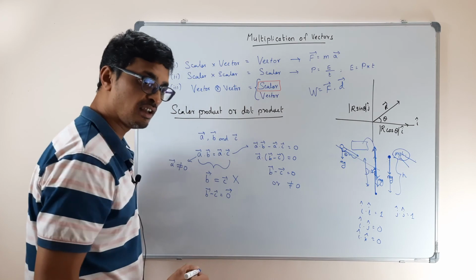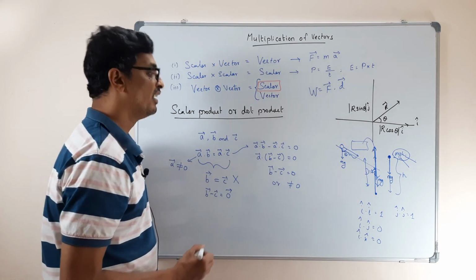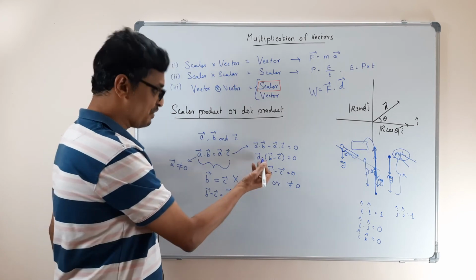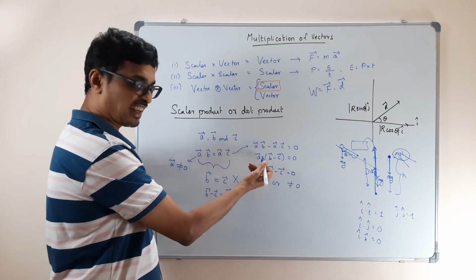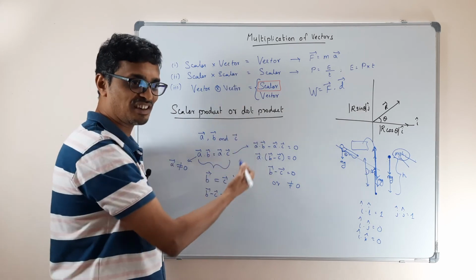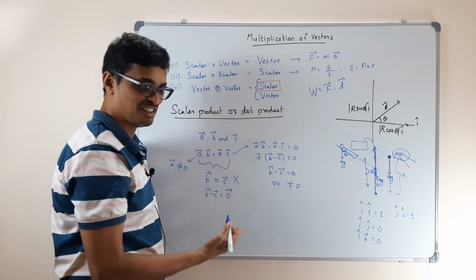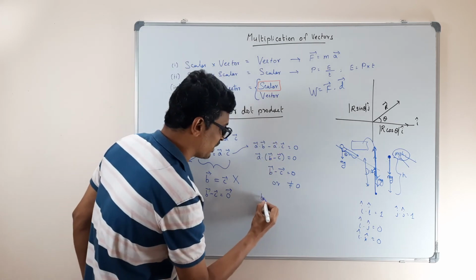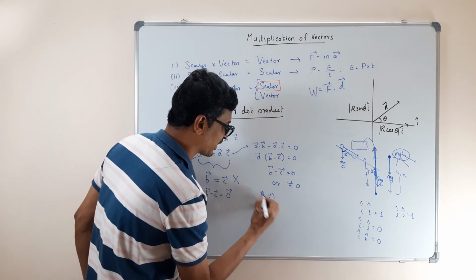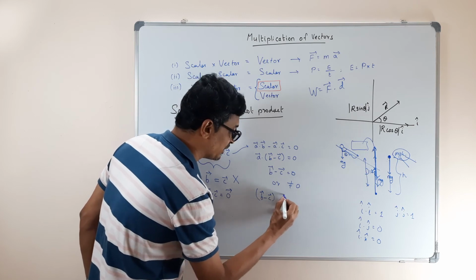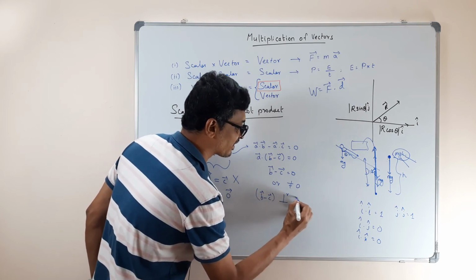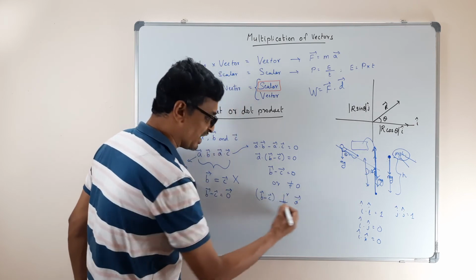Why? If B minus C vector had a direction perpendicular to A vector, then the cos theta is 0. Suppose B vector minus C vector, this is a vector, is perpendicular to A vector. Then what happens?